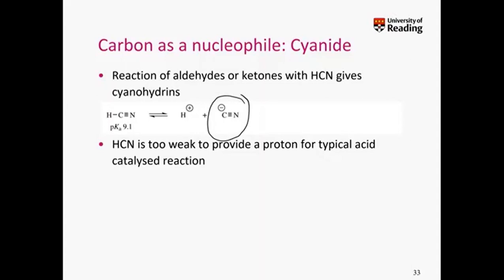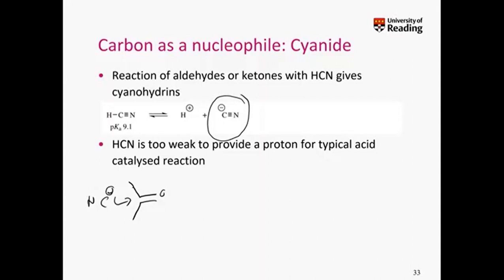So that means we follow the basic reaction mechanism. So we can say we have CN minus. Okay, we have our carbonyl. And we're just going to do that basic mechanism where we say we have a charged nucleophile, an uncharged carbonyl.